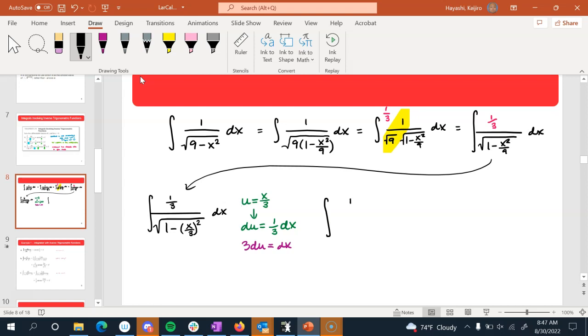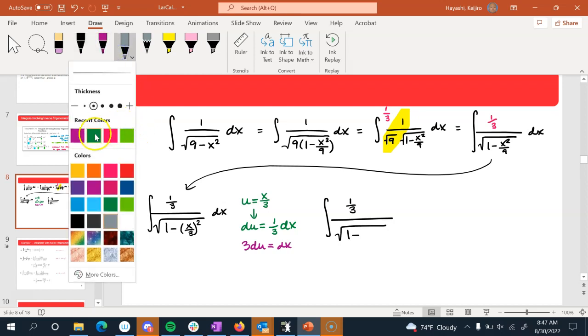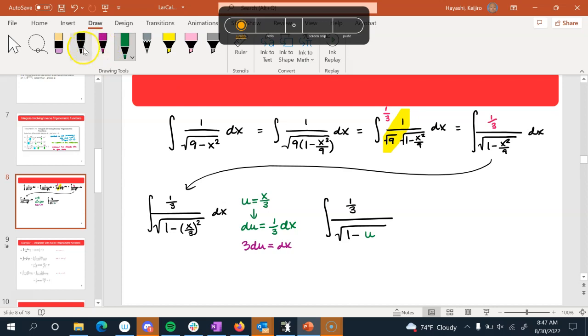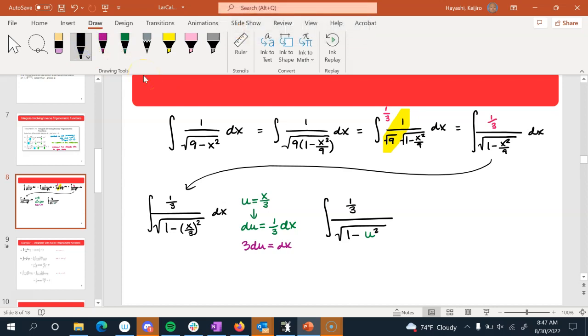So after this u substitution, this is what it's going to look like. So x over 3 is replaced by u, so it's 1 minus u squared. And dx is going to be replaced by 3 du.